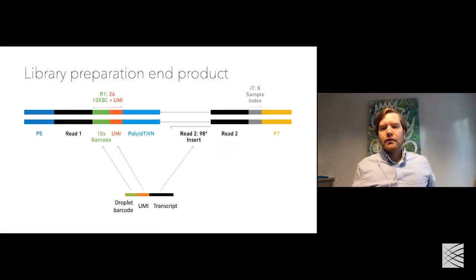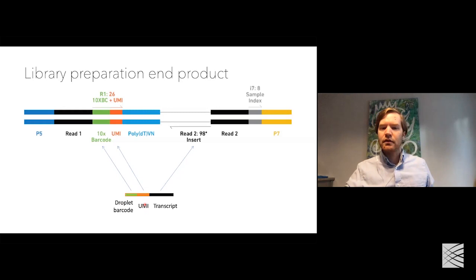The end product of this type of experiment is shown in detail up top. This is probably a little bit too much detail, so let's simplify it down a little bit to the key elements that I will mention further in this talk today. Those elements are the droplet barcode and a unique molecular identifier, the UMI. So this droplet barcode is the same for every molecule that comes from the same droplet, whereas this unique molecular identifier is different for every single molecule in the experiment.